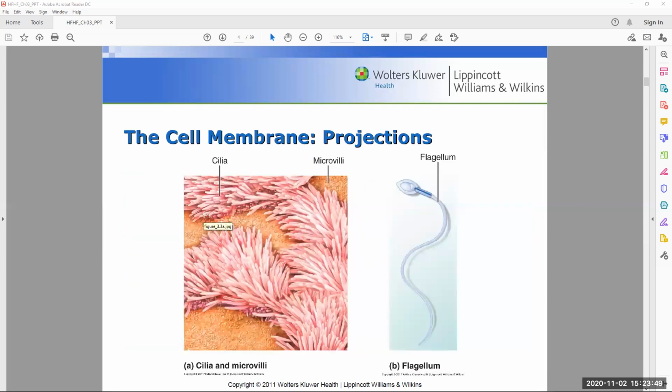Okay, so after the cell membrane, let's have a look at cilia and microvilli. We did mention these adaptations. Microvilli is an adaptation found, let's say, in specific cells within the gallbladder.